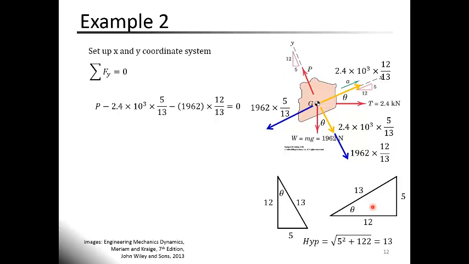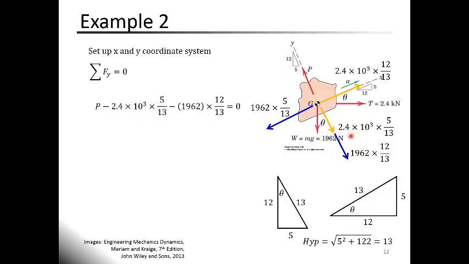If you go to this triangle, you will find that the sine theta is 5 divided by 13. So the orange component in the y direction here is 2.4 multiplied by 10 to the power 3 multiplied by 5 divided by 13. If the positive y direction is going up, P is going to be positive, and the orange component, which is the component coming from the tension in the cable along the y direction, is 2.4 multiplied by 10 to the power 3 multiplied by 5 divided by 13.